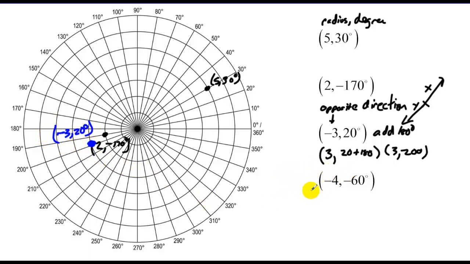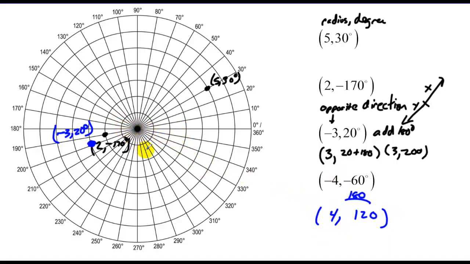Finally, if I have negative 4 and 60 degrees, that's like again adding 180 to 60, which puts me at 120 and gives me a value of 4 and 120 degrees.